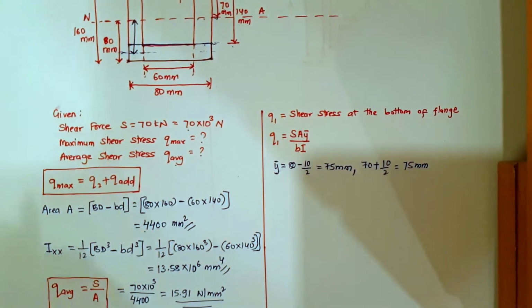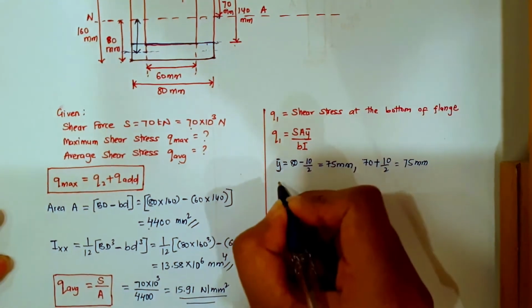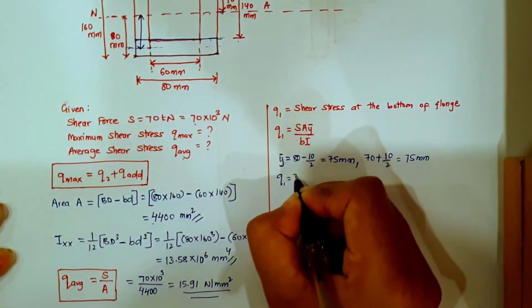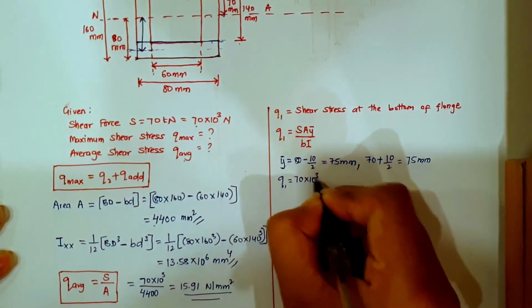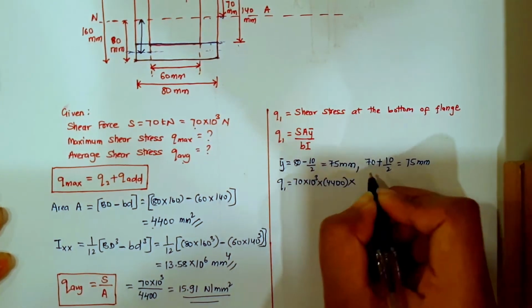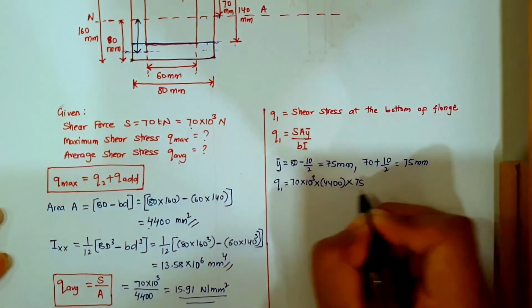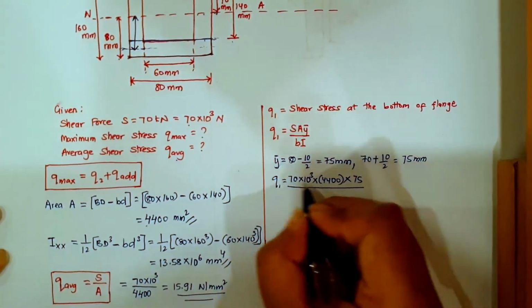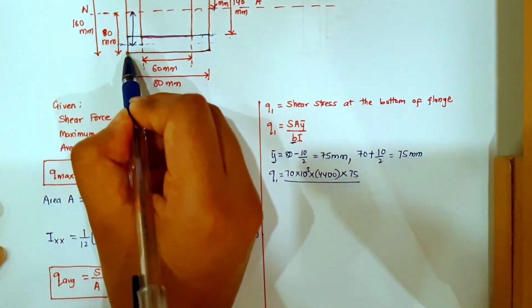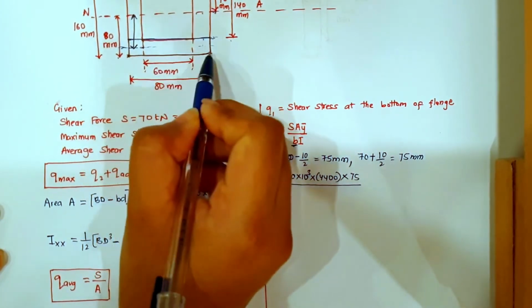Now let us find Q1. Q1 will be equal to S, which is 70 into 10 raised to power 3, area is 4400 into y bar, which is 75, divided by B. Now this B will be the total width of this flange.